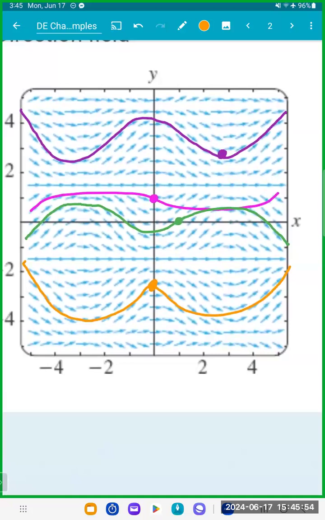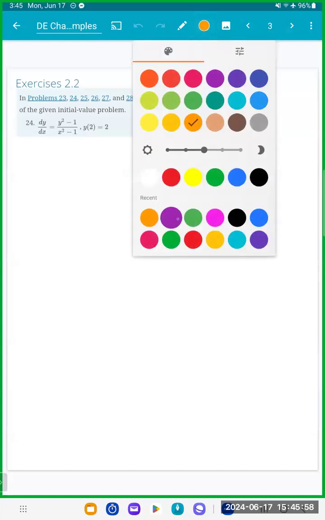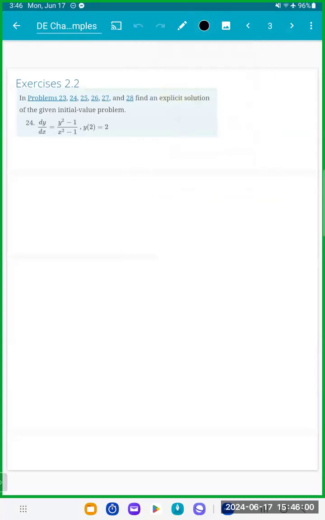Okay. All right, let's look at the next kind of problem. I'm going to just go with the black font. So here, this is out of section 2.2. It's asking us to find an explicit solution of the given initial value problem. So we're given this problem here.